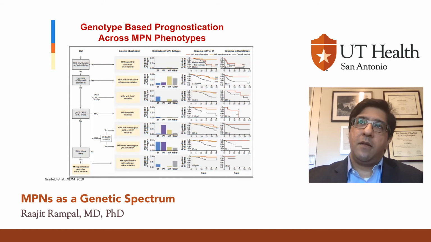So this piece of data is fundamentally arguing that regardless of the phenotype, the genotype may predict the patient's outcome. And I think that this fundamentally argues that the MPNs are a spectrum and they can be genomically identified.